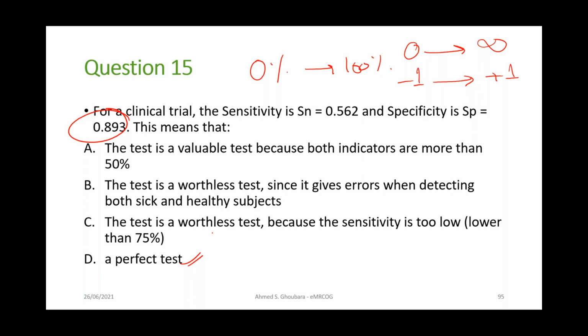Low sensitivity means, could you please tell me, just stop the chat box, low sensitivity means high false positive or high false negative?